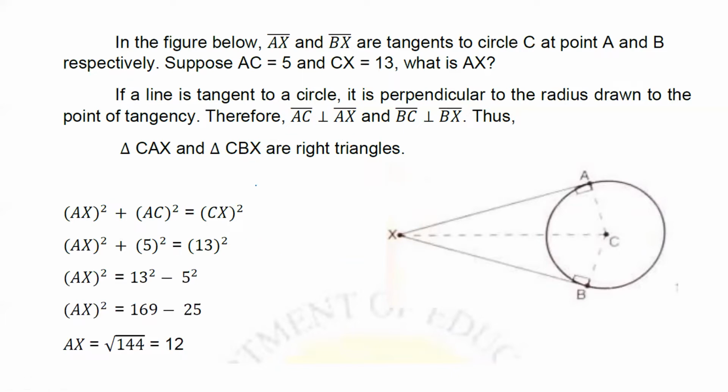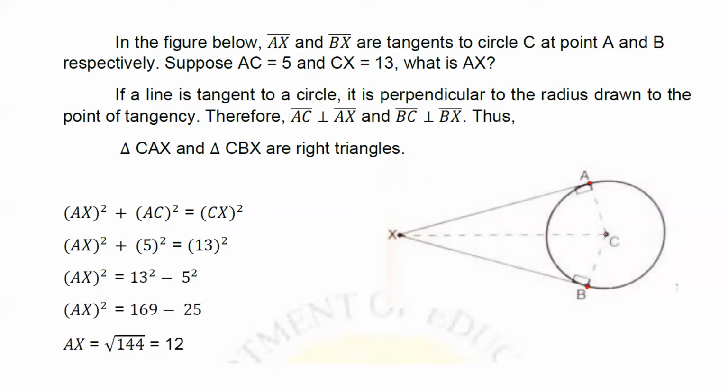In the figure below, we have here AX, line segment AX. We also have here line segment BX. They are tangent to the circle at point A and point B, which are the points of tangency, respectively.